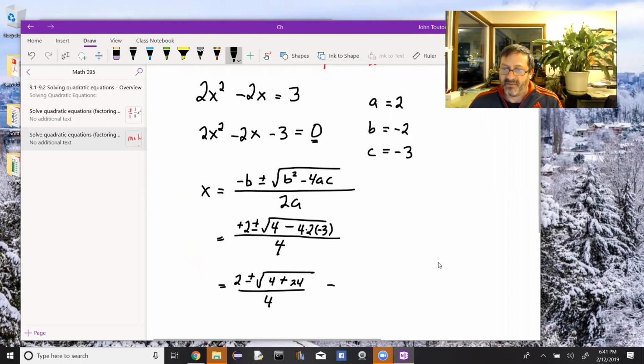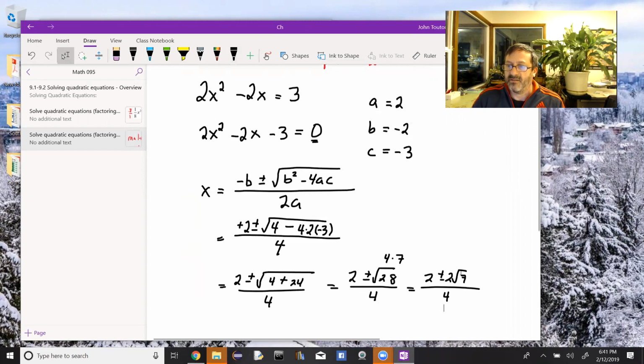I need to simplify this, so this is 2 plus or minus the square root of 28, all over 4. And then I need to reduce that square root of 28. So 28 is 4 times 7. So that's 2 plus or minus 2 square root of 7 over 4.